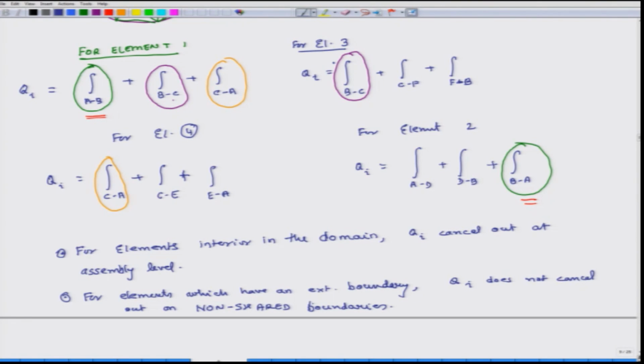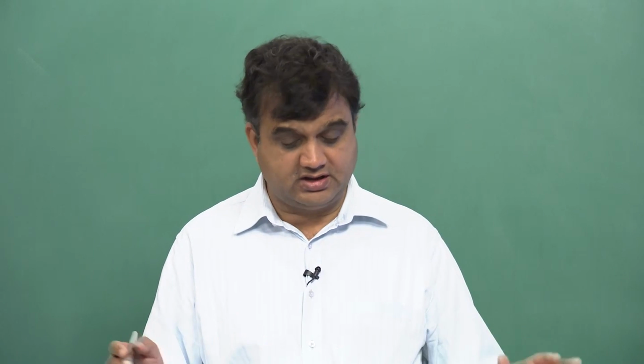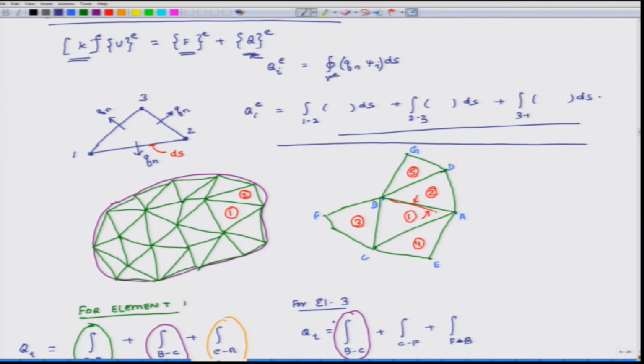This is important to understand. So, let us look at this picture again. So, for element 1, all the 3 boundaries A, B, B, C, C, A, they are shared with other elements. So, at assembly level all the Q's will cancel out, but for element 2, Q's will cancel out for boundary AB, they will cancel out for boundary BD, but they will not cancel out for boundary DA, because that is not a common boundary to more than one element, right.